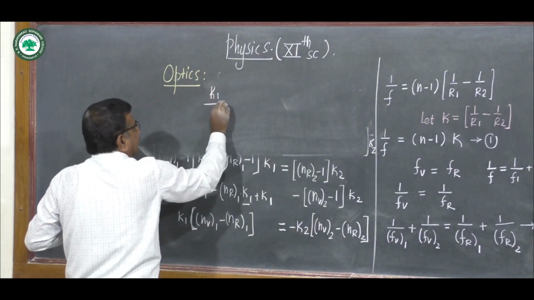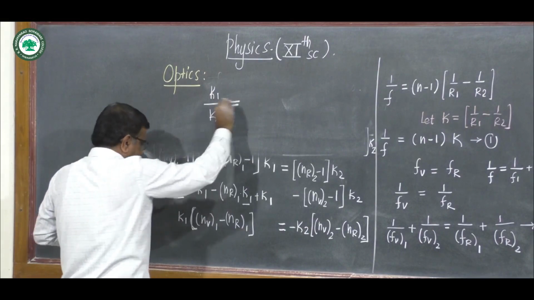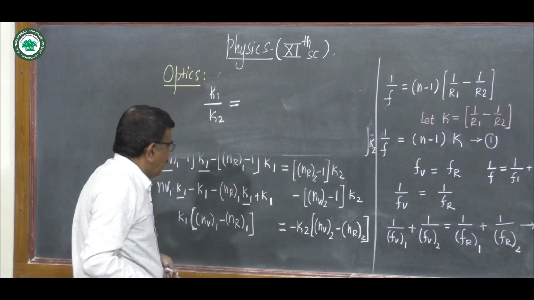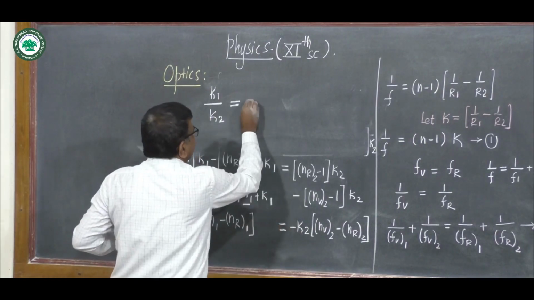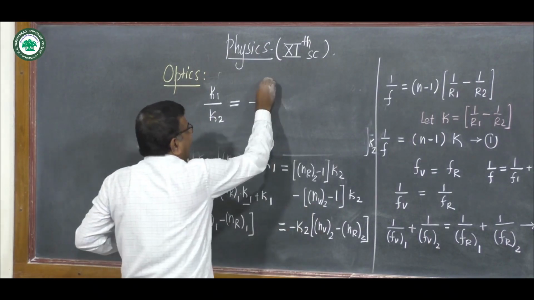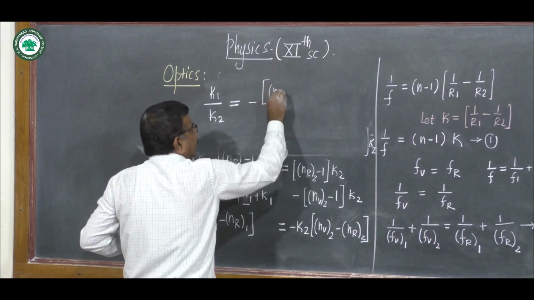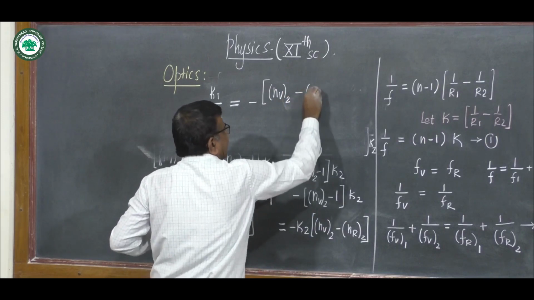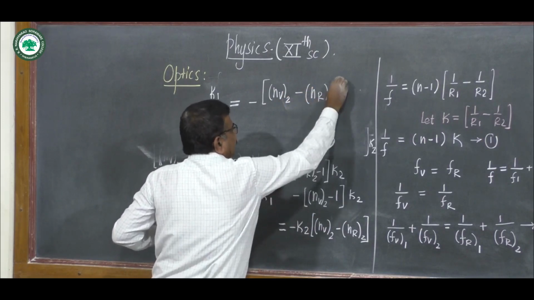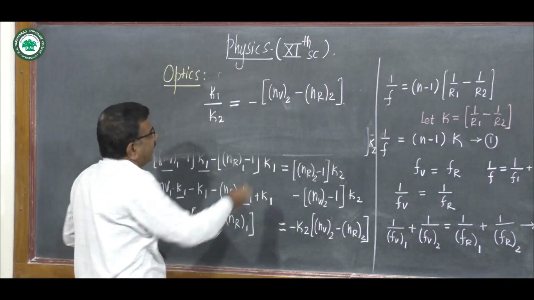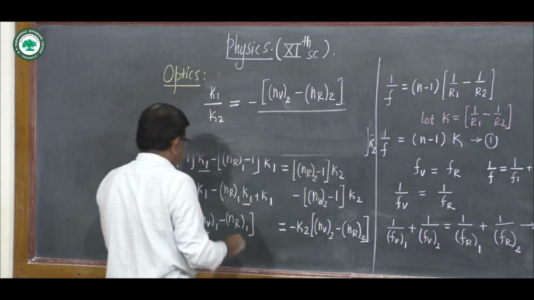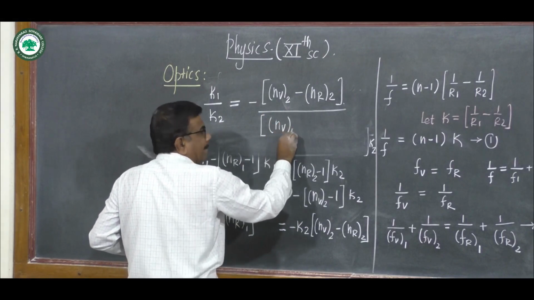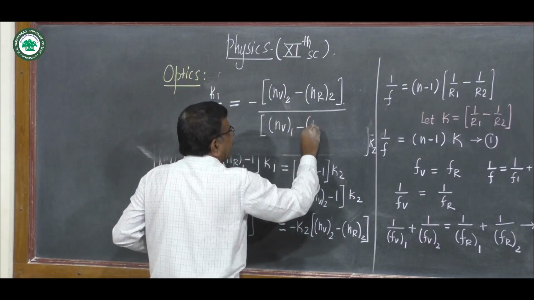K1 upon K2 is equal to minus, here there is a minus sign, in bracket (nV2 minus nR2) divided by (nV1 minus nR1).